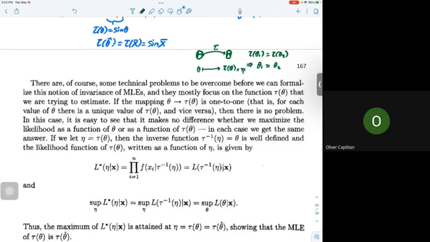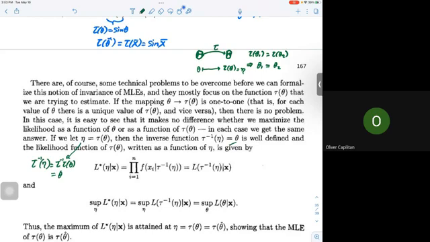We apply tau inverse of eta equal to tau inverse of tau of theta, and that would be equal to theta. So tau inverse of eta equal to theta is well defined.